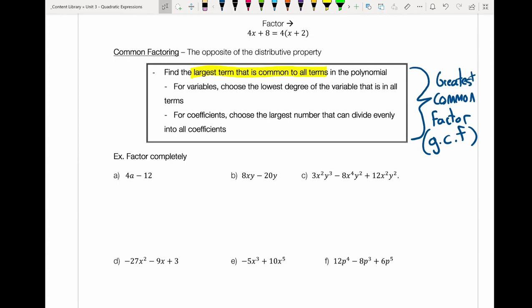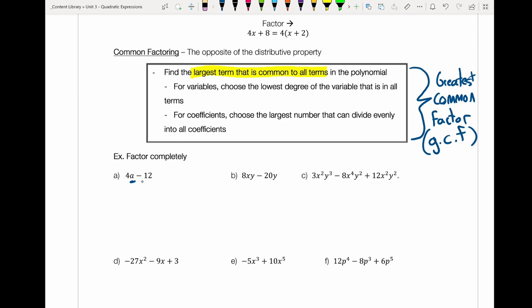So in the first one, 4a minus 12, I'm looking for the largest term that is common to both of these. I'm going to look at the variables, and I want to choose the lowest exponent of the variable that's in all the terms. I can see that I have an a here, but there's no variable in the second one.